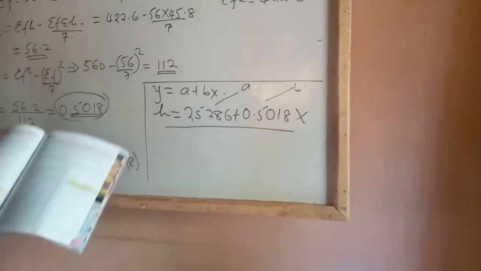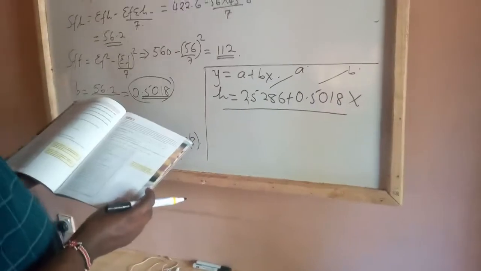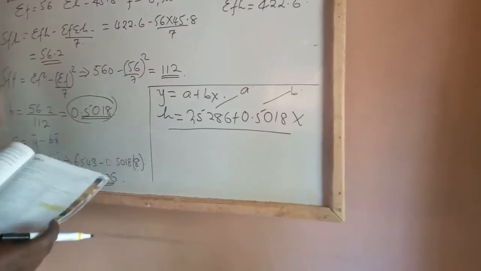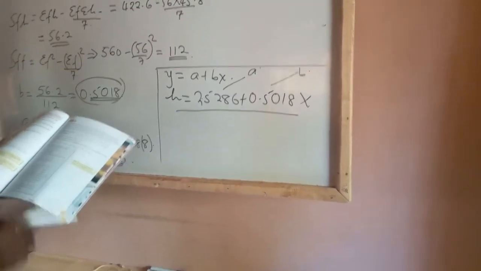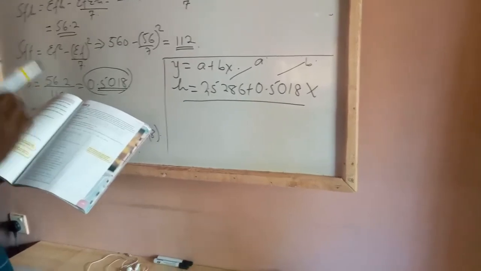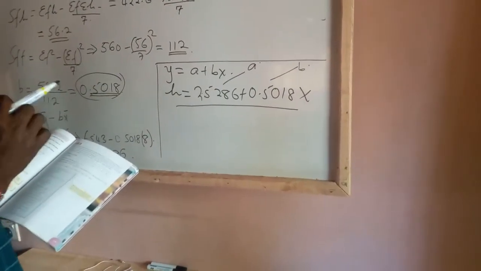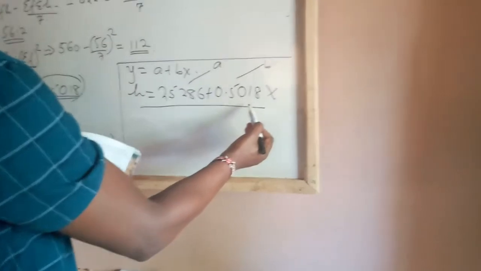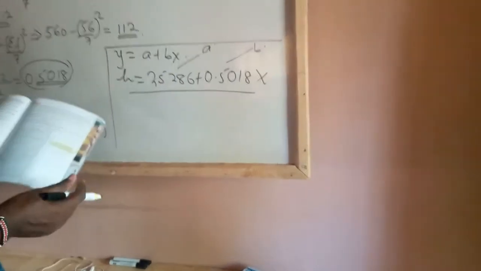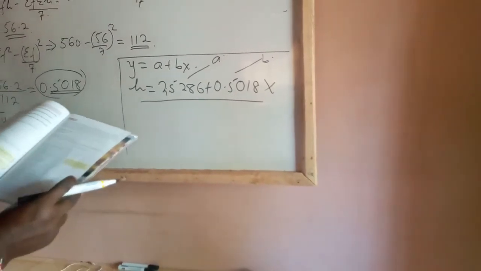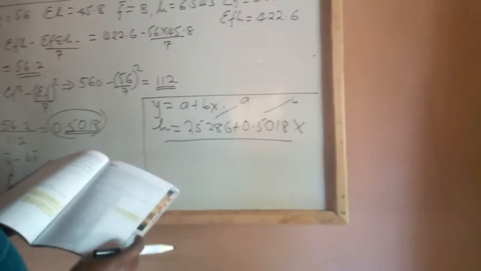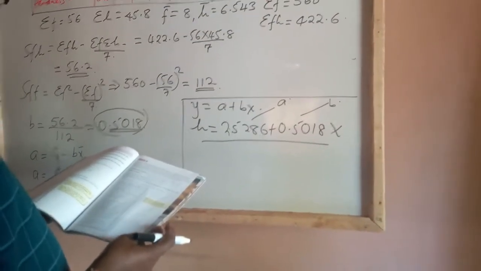What about B? B is the rate of increase of hardness of the shell for every gram of the supplement added. B tells you the rate at which the hardness increases with increased food supplement.